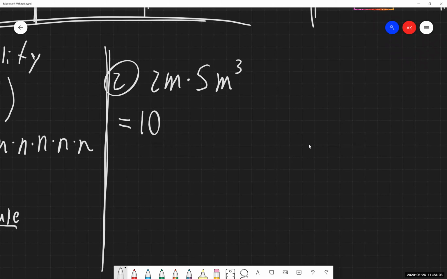Remember that if there is nothing explicitly written, it is implied that there is an invisible 1 as the exponent for that variable. So technically, I have m to the first times m to the third. The bases are the same. They are multiplying together, which means the exponents are going to add together.